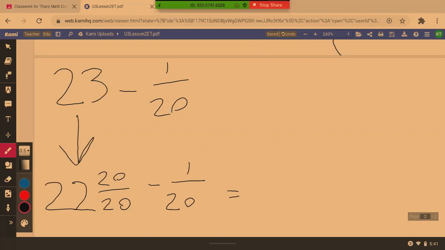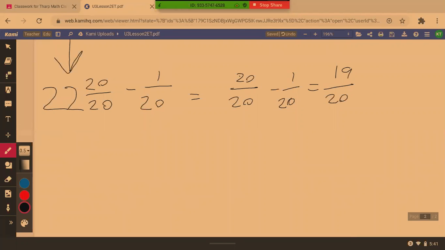So I keep the whole number and I'm going to be focusing on 20 over 20 minus 1 over 20, which is easy, 19 over 20. So I combine that with the 22, 22 and 19 over 20.